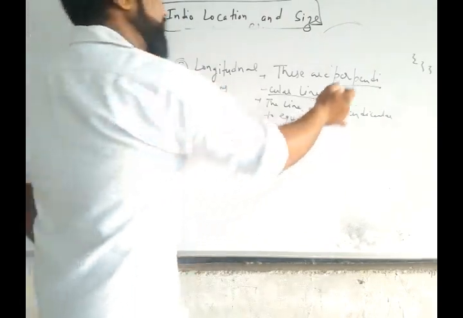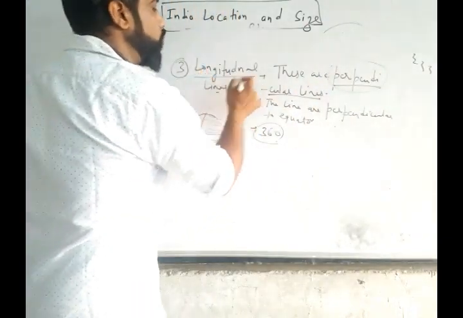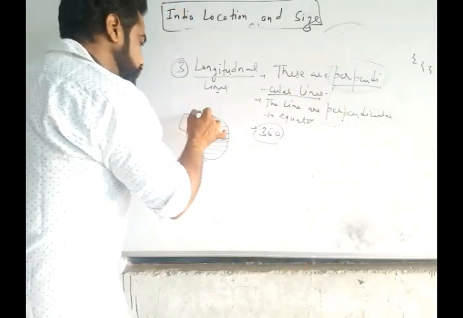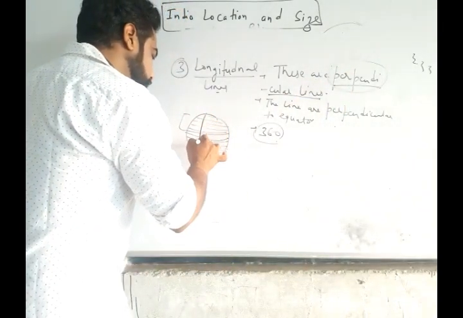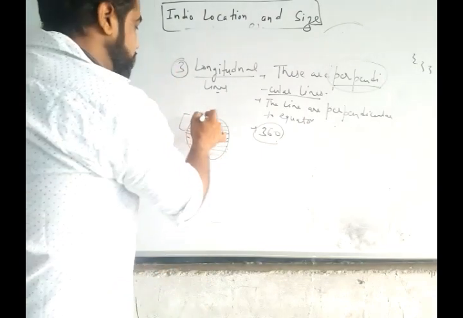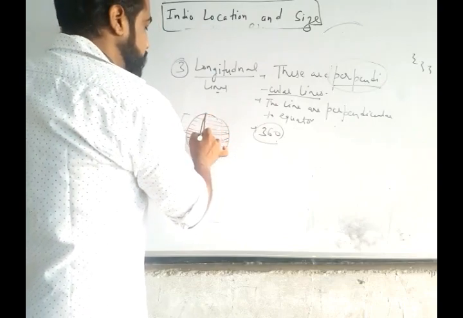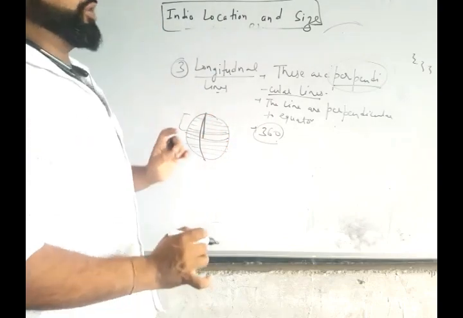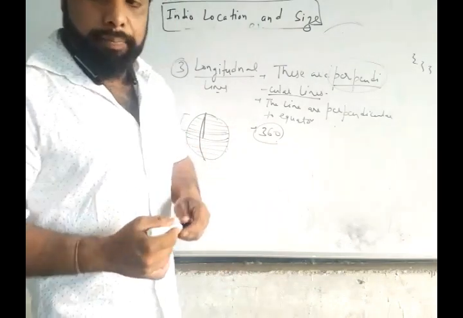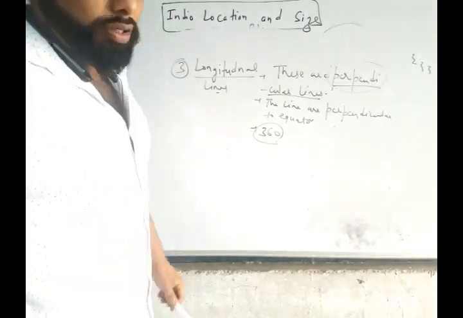But for the easiness, you just think that these are perpendicular lines, because longitudes are the perpendiculars in the mathematical language. Because there is a curve, you just think that this is perpendicular.